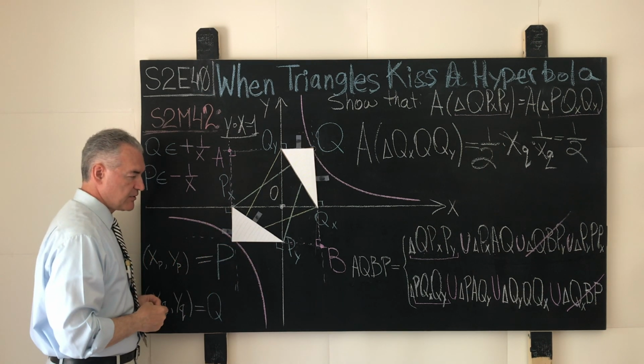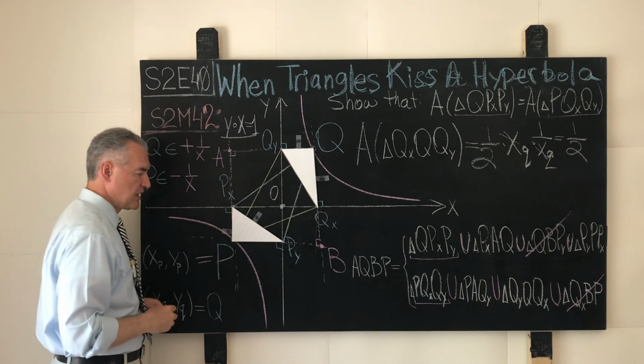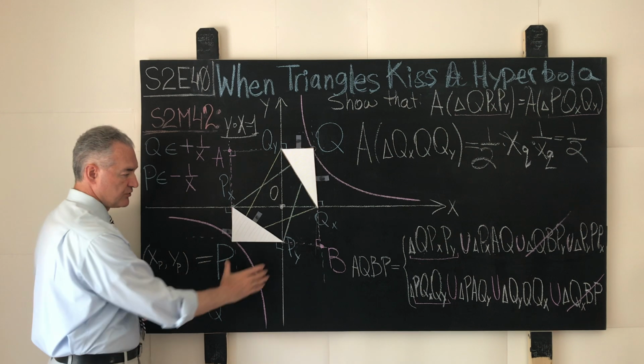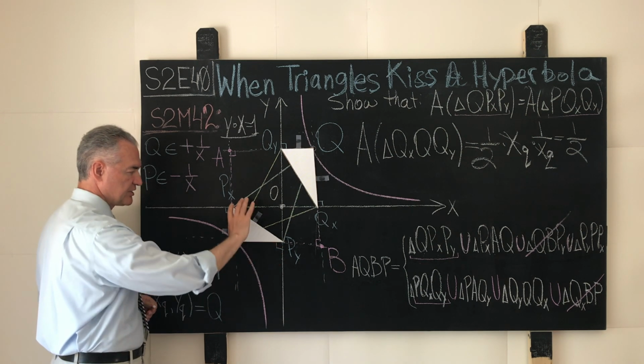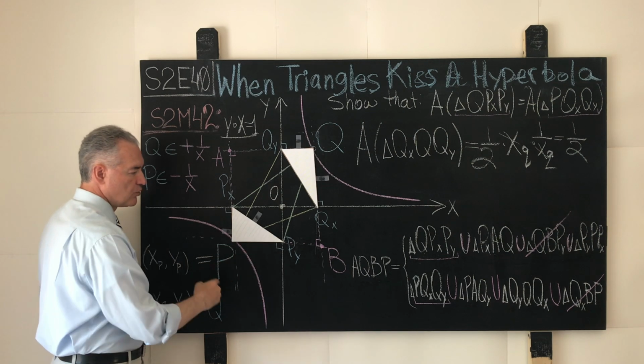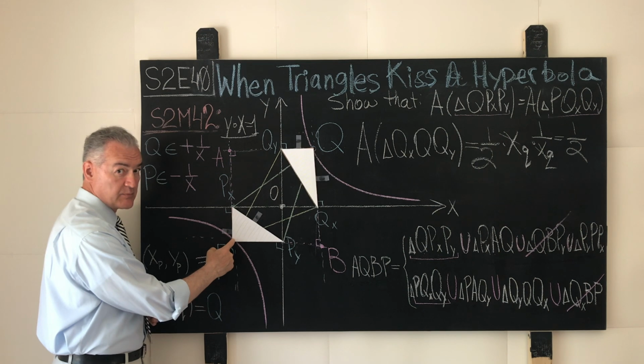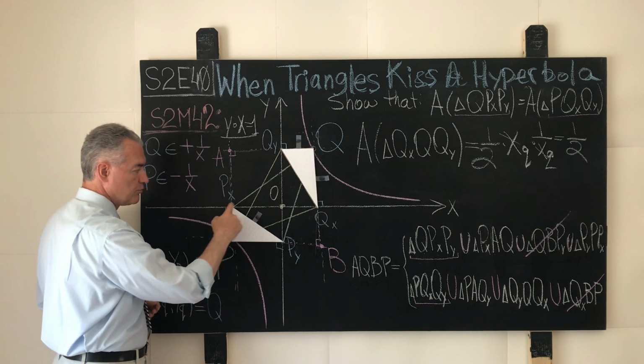What can we say about the area of the complementary right triangle PXPPY? Well, exactly the same thing. The area of the complementary right triangle PXPPY is half product of the length of its base, PYP, and its height, PPX. And what is the length of the line segment PYP? It is the same as the length of the line segment OPX.